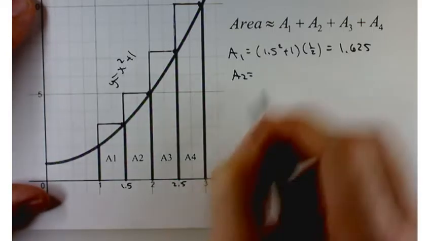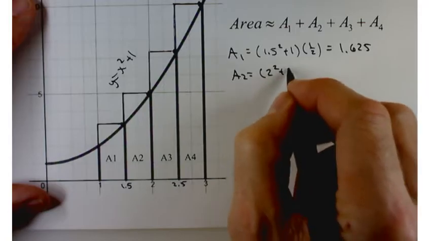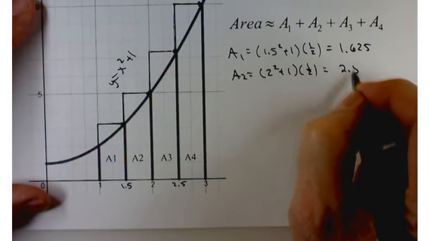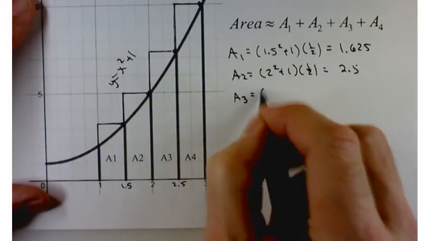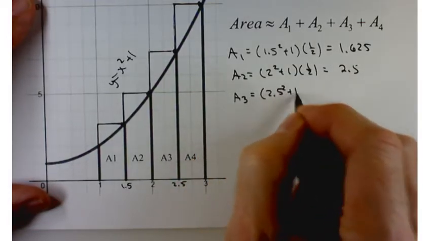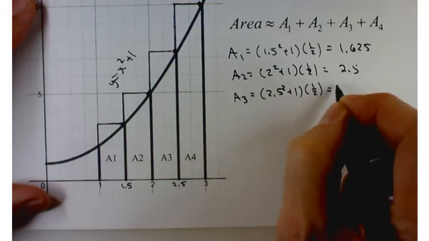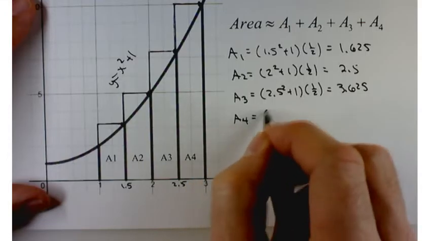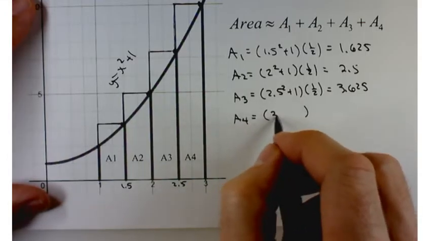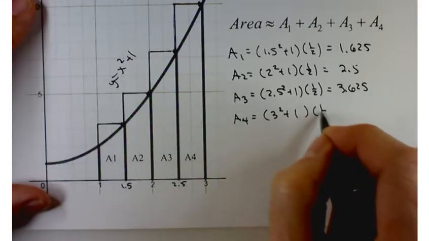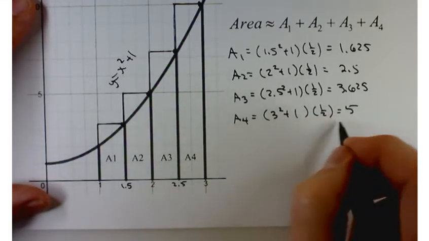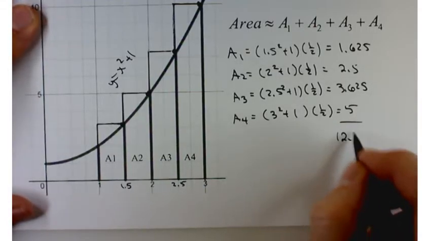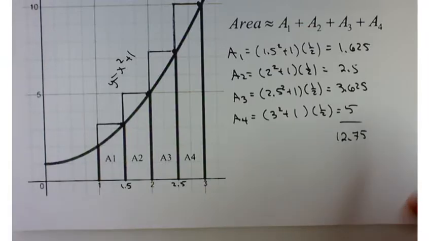Yeah. 2 squared plus 1 times 1/2, 2.5. So the good news is that at least for the first three of these things, we don't really have to do much new work. But what about the last one? 3 squared plus 1 times 1/2 would be 5. And if you add these up, we get 12.75. And that's an overestimate.